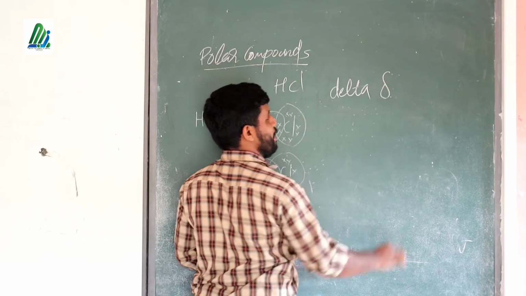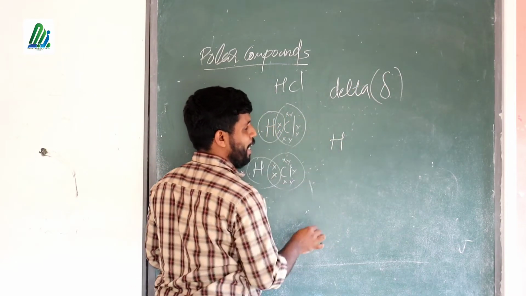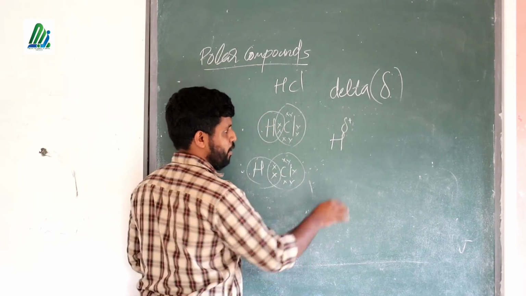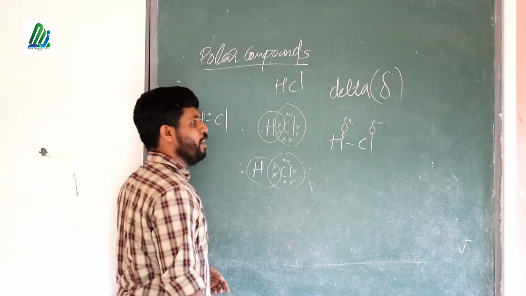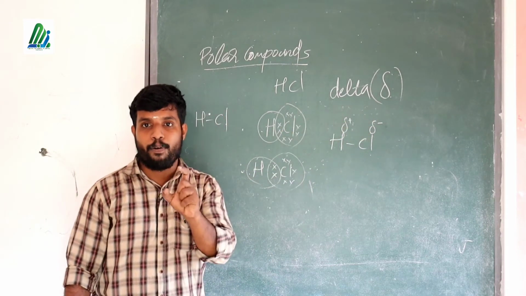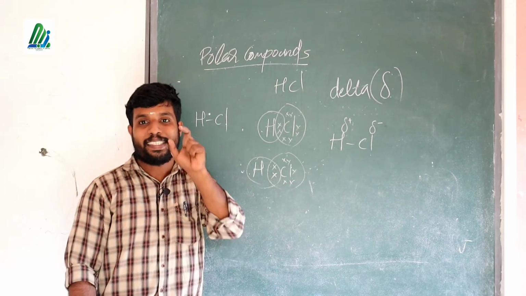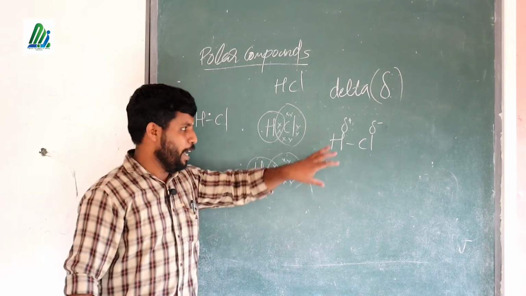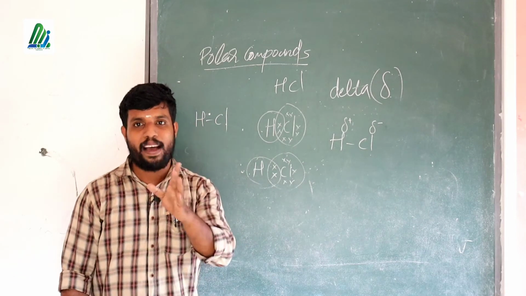It is represented like this, delta. So how can you represent in HCl? Hydrogen lost the electron partially, so it will get a partial positive charge. In the case of chlorine, it will get the electron partially, so it will get a partial negative charge, delta plus and delta minus. So in a compound there are partial charges.